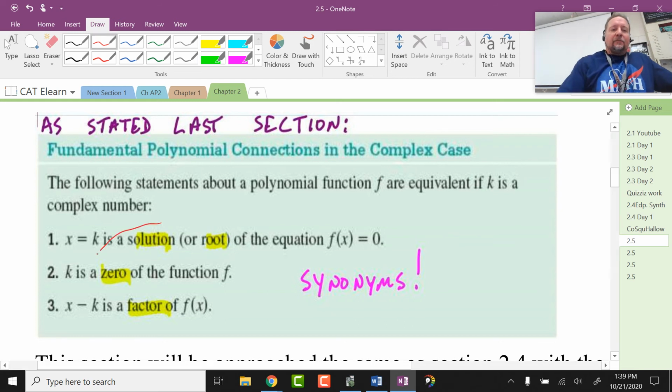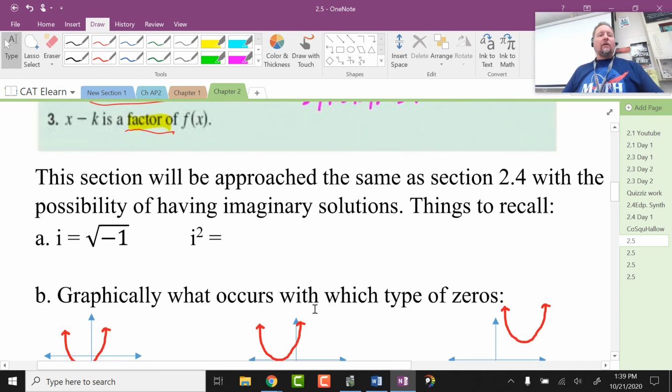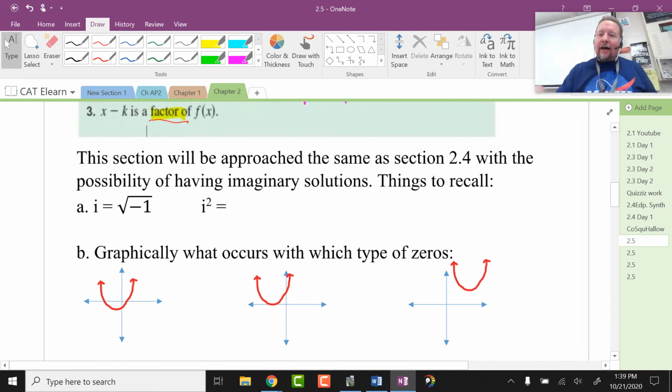Solutions, roots, zeros, all synonyms that turn into x-intercepts for the graph, all interrelated, intertwined with each other. And then I could turn those solutions, roots, zeros into factors for the polynomial. So this is all stuff that we should have going into this section. Then one more thing, how is 2.5 going to be different than 2.4?